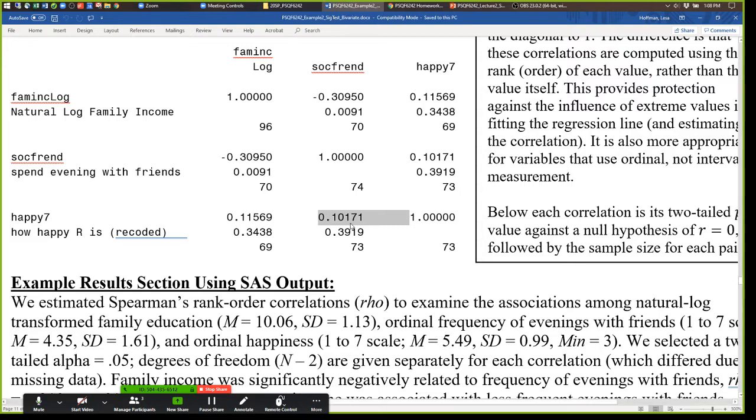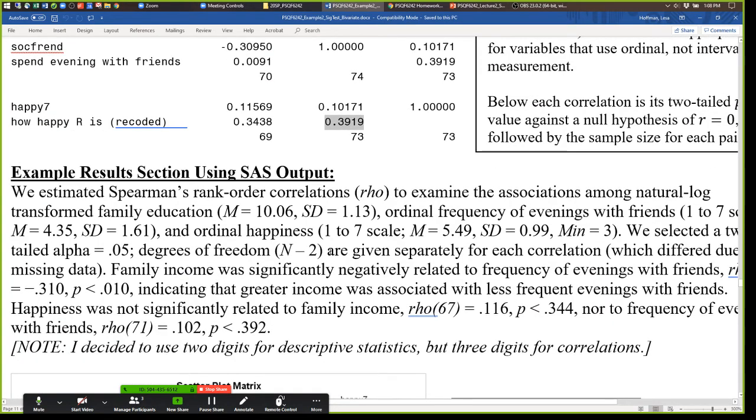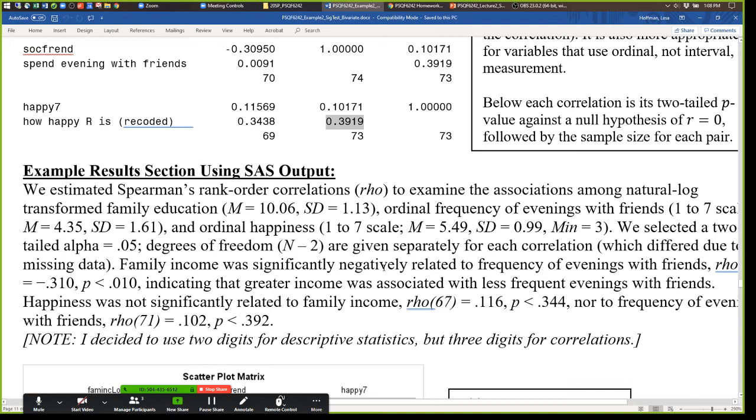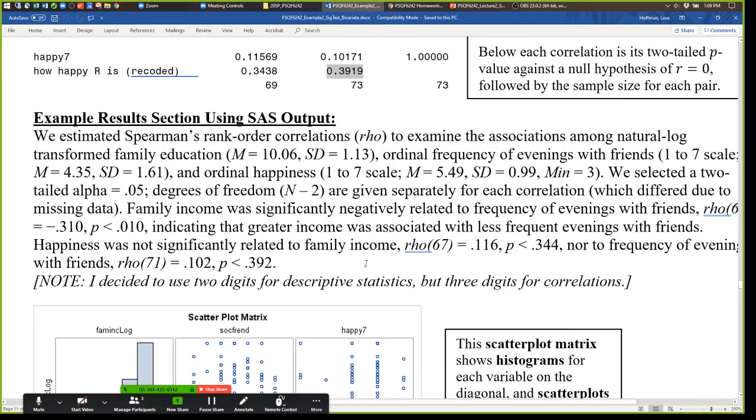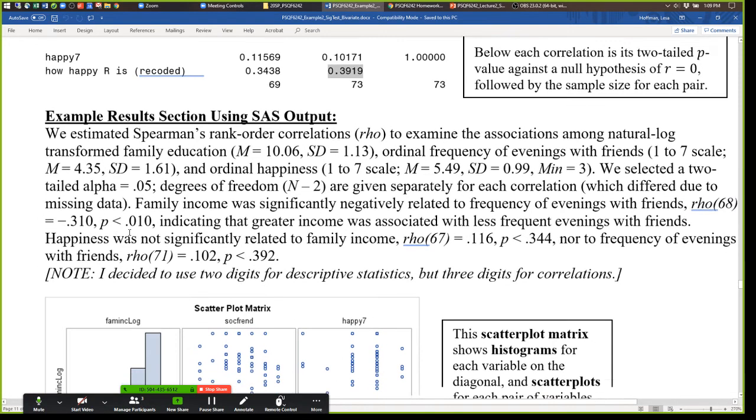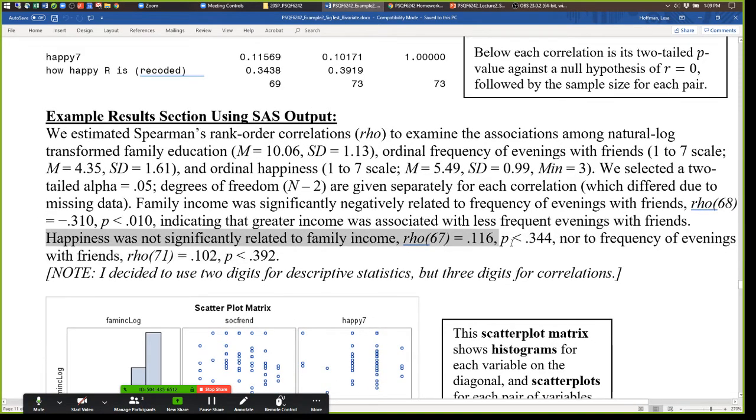You would give the correlation value, you would give the corresponding p-value, and you would interpret it such as I have right here. Happiness was not significantly related to family income. That's this correlation next door, nor to frequency of evenings with friends.